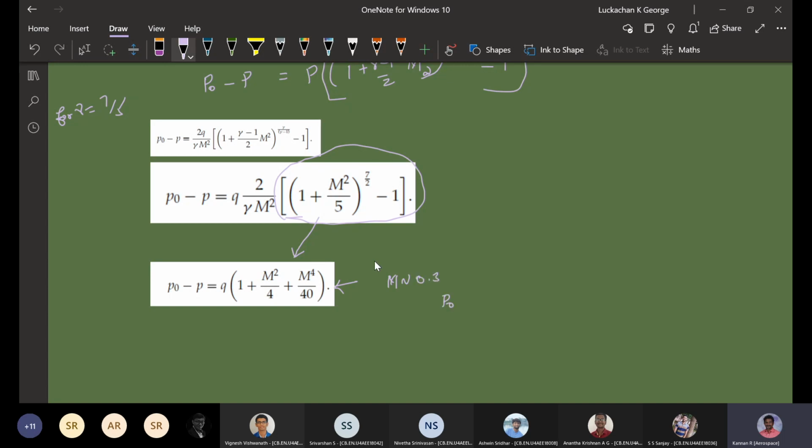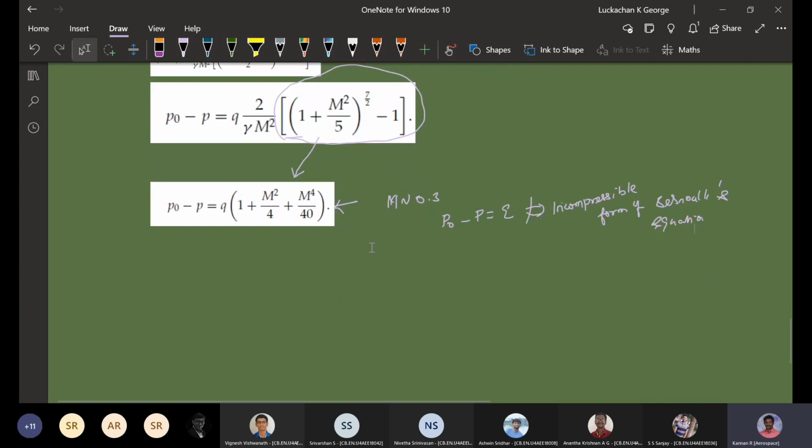Your equation is changing to P naught minus P is equal to Q. That is going to be nothing but the incompressible form of Bernoulli's equation, because when M is close to 0.3, the higher-order terms are going to be very much smaller, so we are going to ignore these things.